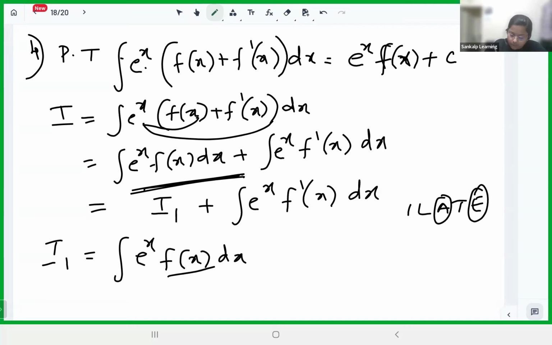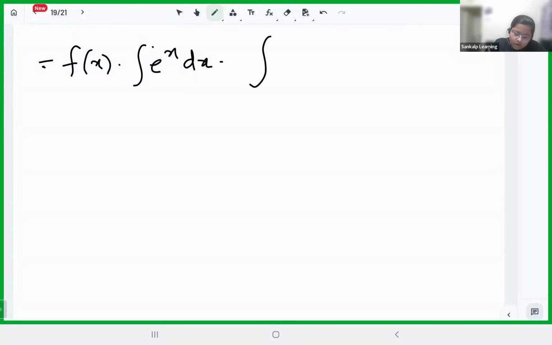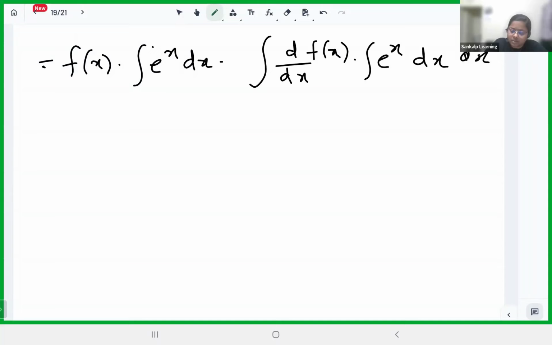So the order should be rearranged: integral f of x into e raised x dx, because the exponential term comes last according to the priority. So this is equal to first into integral of second function minus integral of derivative of first function into integral of second function. This is the integration by parts rule.